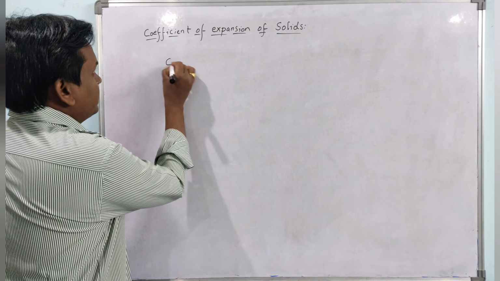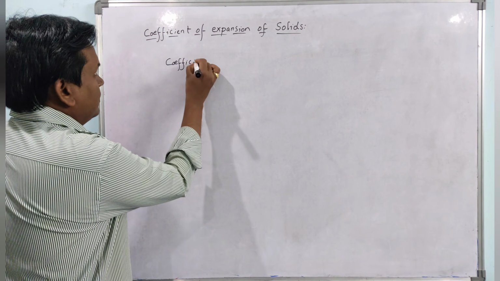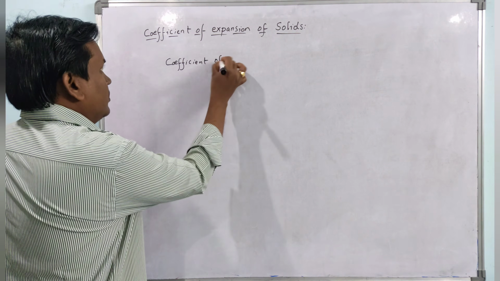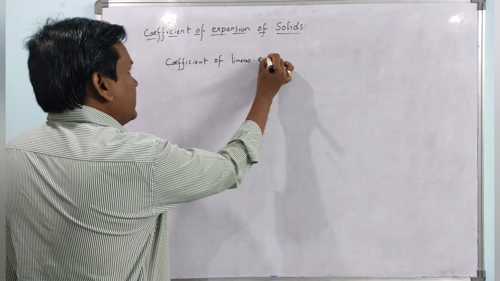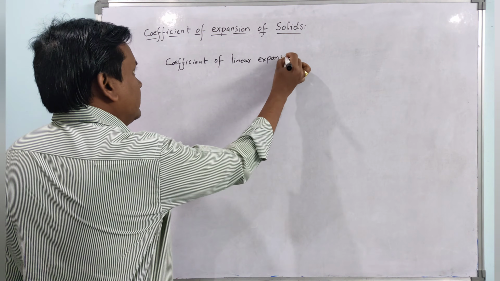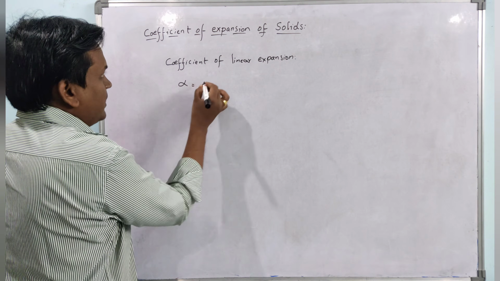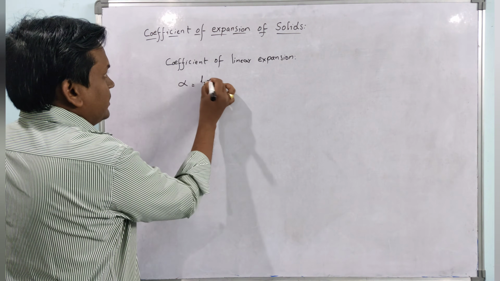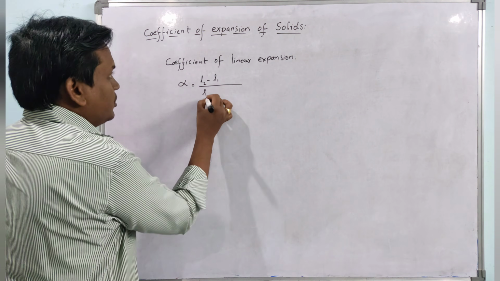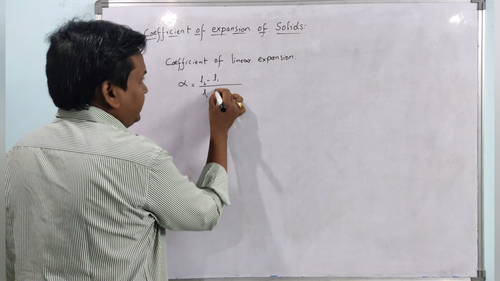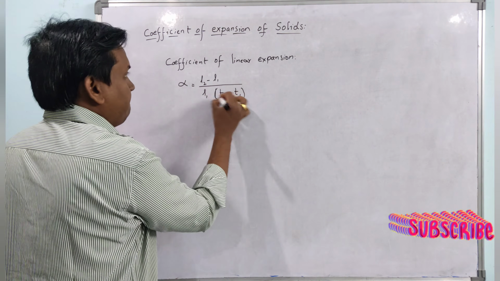Coefficient of linear expansion: alpha equal to change in length per unit original length into change in temperature T2 minus T1.